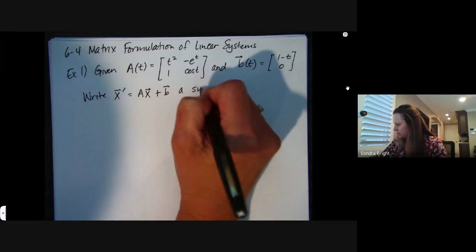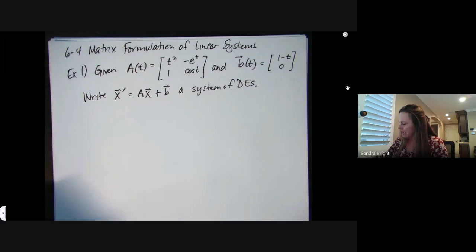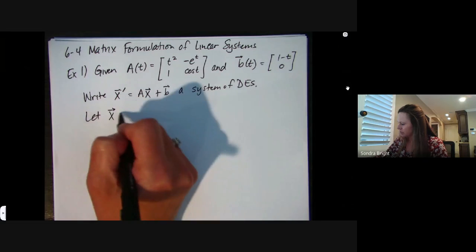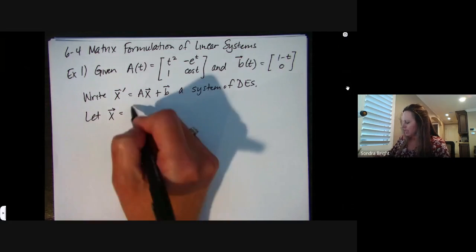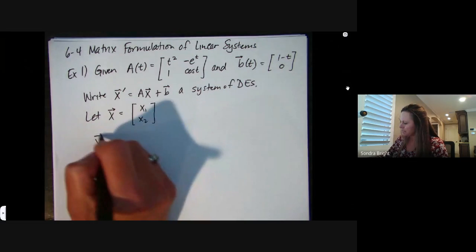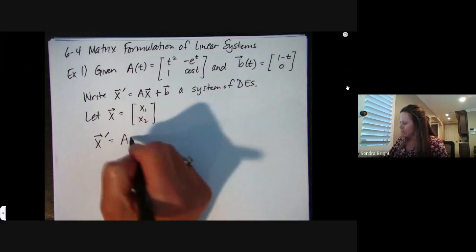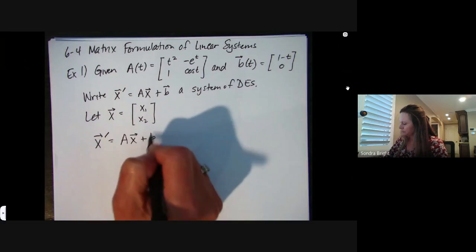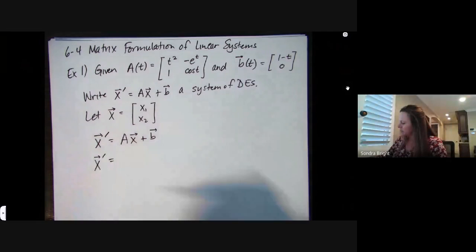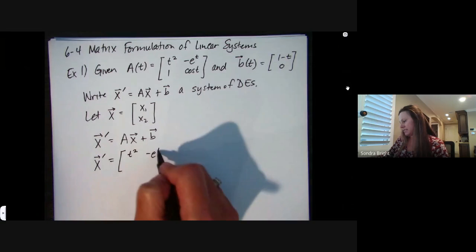of differential equations. All right, so first thing I'm going to do is let x represent the matrix of x1, x2, 2 rows, 1 column, and then plugging in, x prime is equal to A times x plus b. So the derivative of x is equal to A, which is t squared, and then negative e to the t, and then a 1, and then a cosine of t.